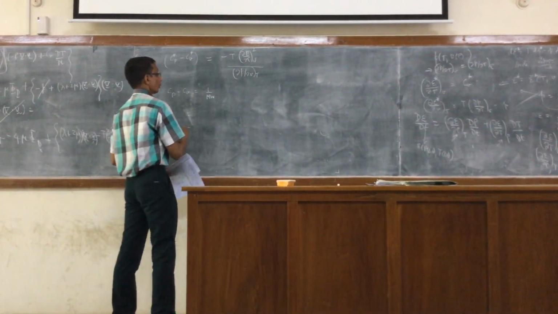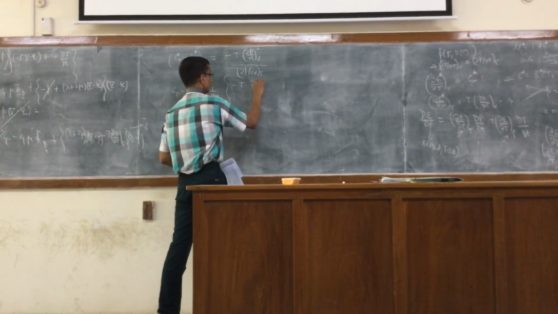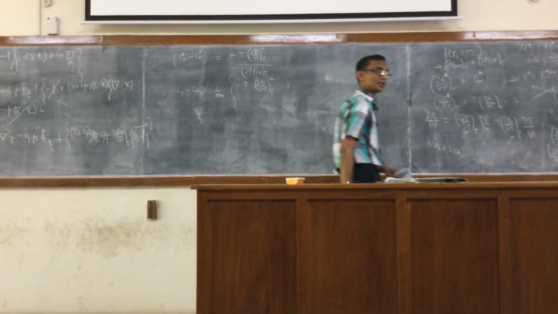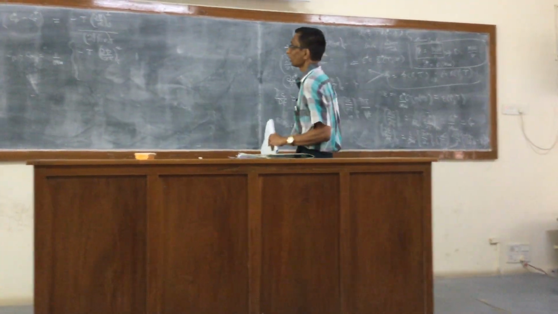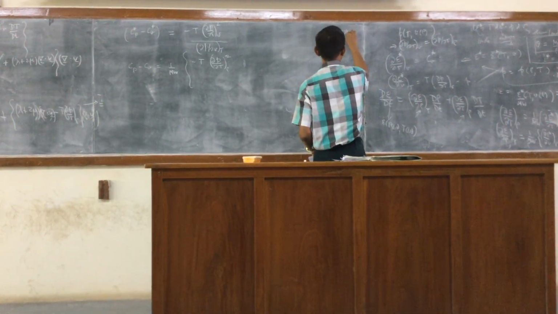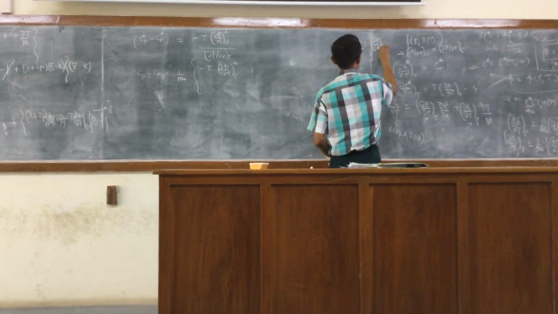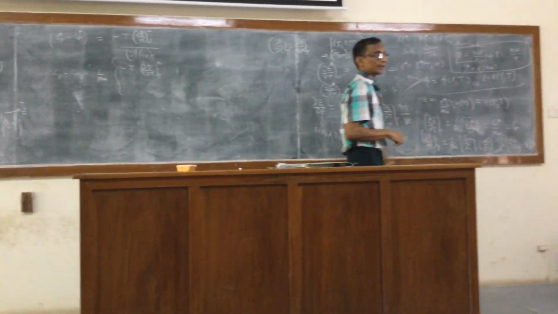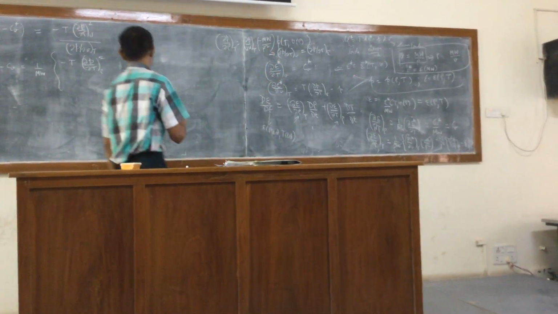So one over molecular weight, but here I want the derivatives again. This will remain as it is, dP by dT at constant V, same as dP by dT at constant rho. For dP by dV, we haven't quite got the relation, but we can easily get it here. So dP by d rho at T is dP by dV at constant temperature, then dV by d rho, which is minus the molecular weight by rho squared. So I just substitute it there.